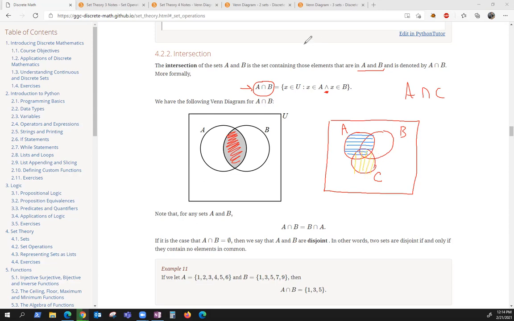And then the intersection will be things that are colored both blue and yellow. So that's another way you can draw the intersection.